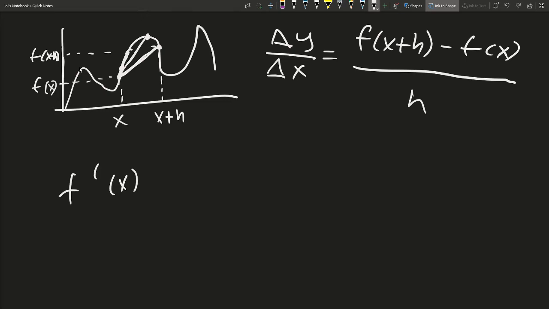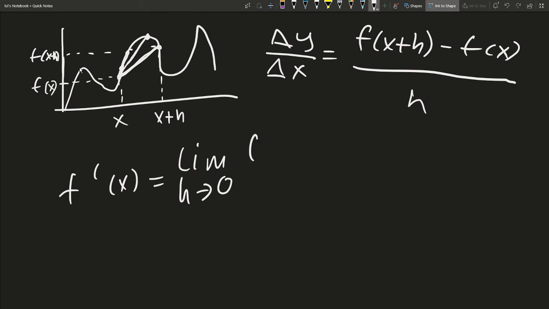So we use f dash x equals, as h gets smaller and smaller, closer and closer to x. We'll write this as the limit as h goes to 0. As it comes to 0, the gradient of this straight line will give us the gradient at the point x on our function.